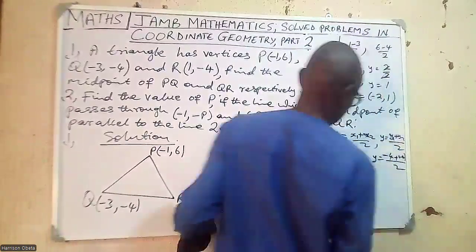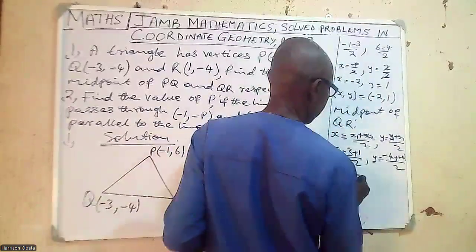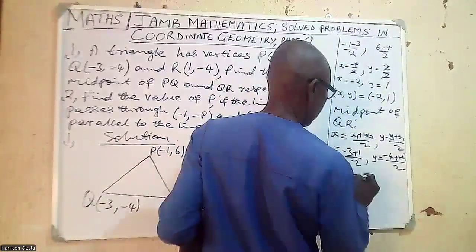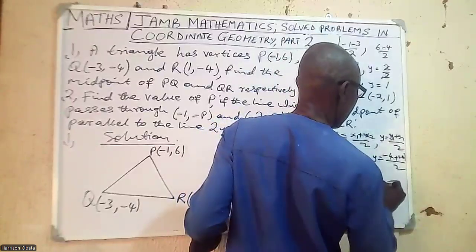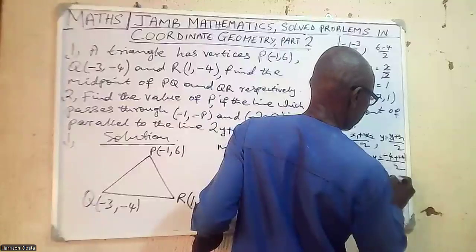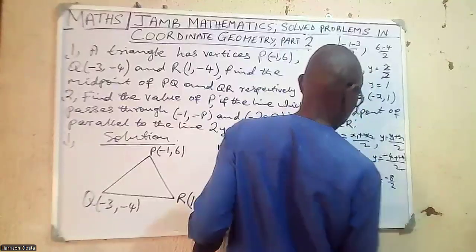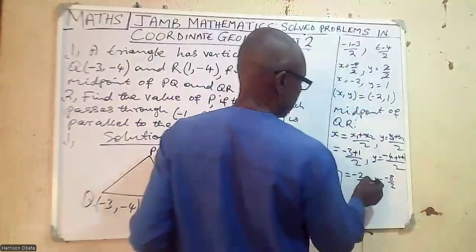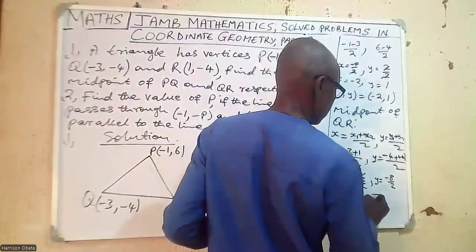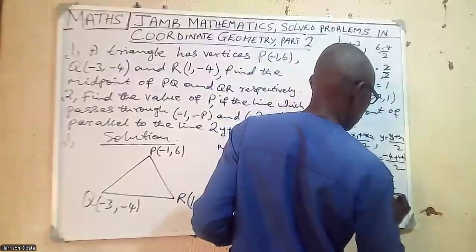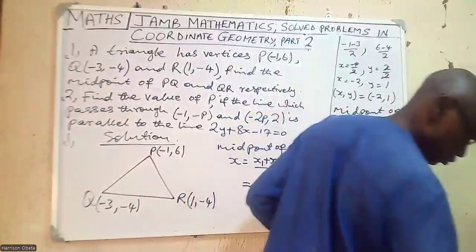Moving on, this will give us x equal to minus 2 over 2, comma, y is equal to minus 8 over 2. So this is x equal to minus 1, comma, y equal to minus 4.